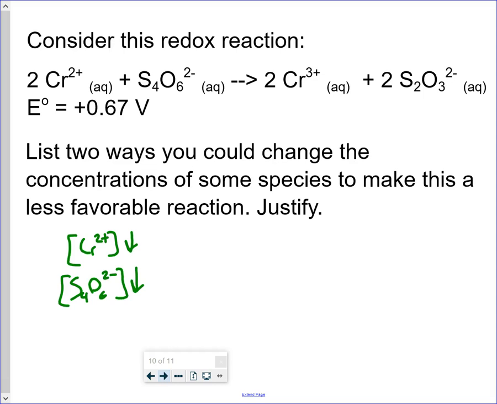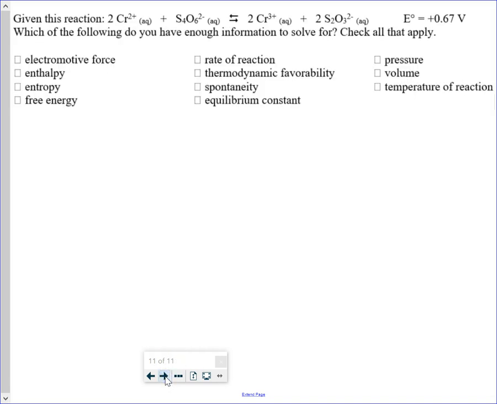If we add either of the products, that would also cause our value of E cell to go down. Any of those concentration changes would push our reaction to the left, causing the spontaneity or the favorability of this reaction to go down.